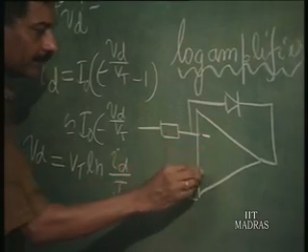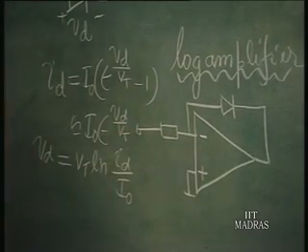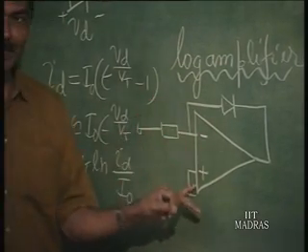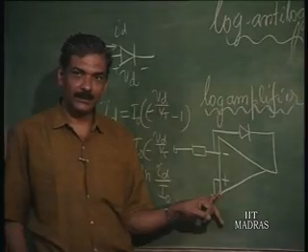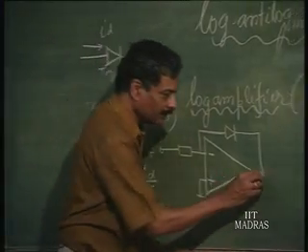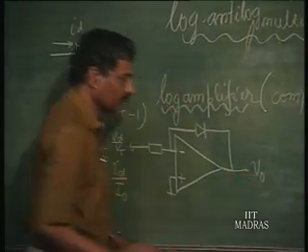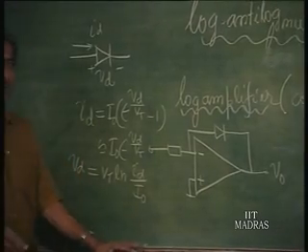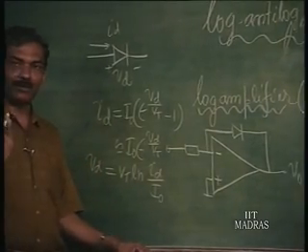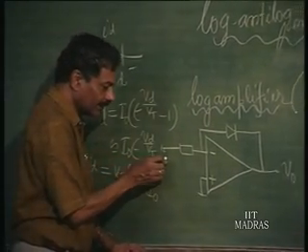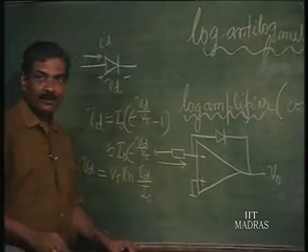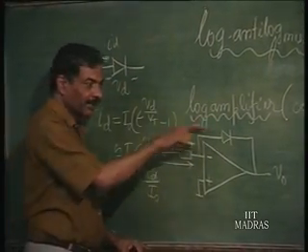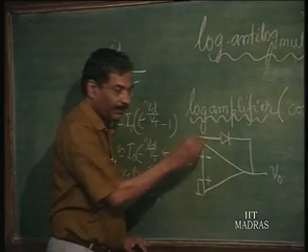We know that this op amp is connected in the feedback loop like this, and we take this output voltage V naught. This should always remain forward biased. That means the current in this direction should keep flowing, because that current alone can keep the diode in the forward bias mode.